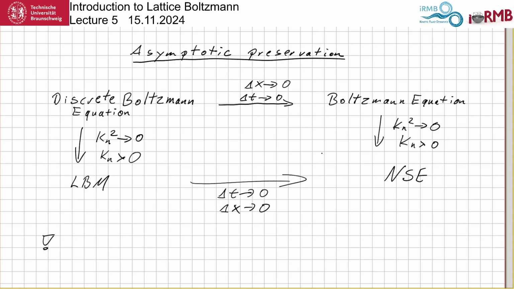This form of the discretization of the Boltzmann equation cannot be used to solve the Boltzmann equation, because you see, it has already the simplification of the Knudsen number square being 0 built in. So you cannot use the Lattice Boltzmann equation to solve the Boltzmann equation.